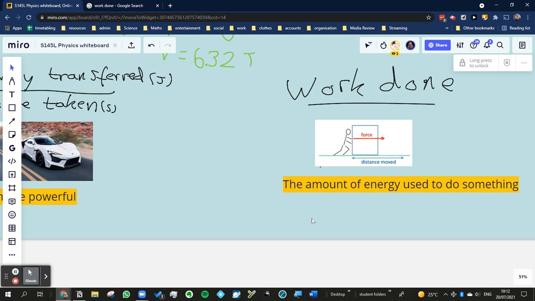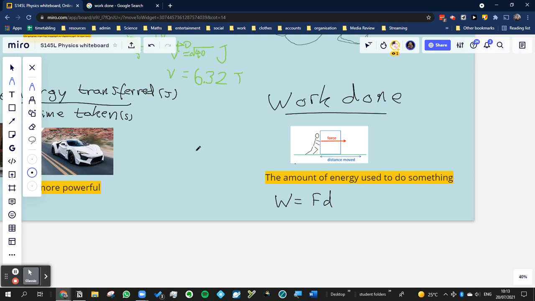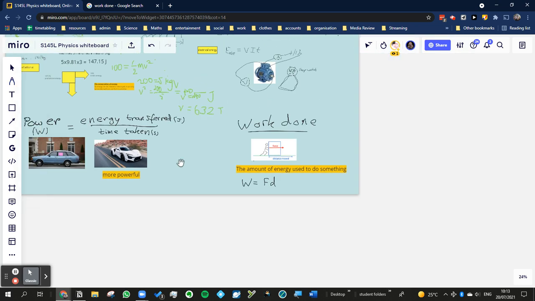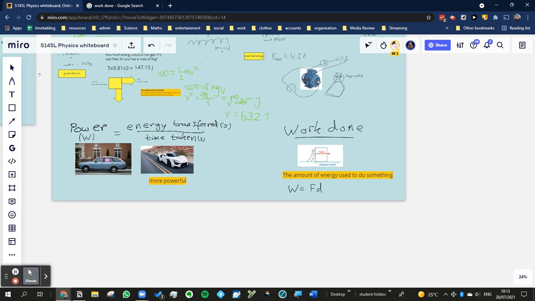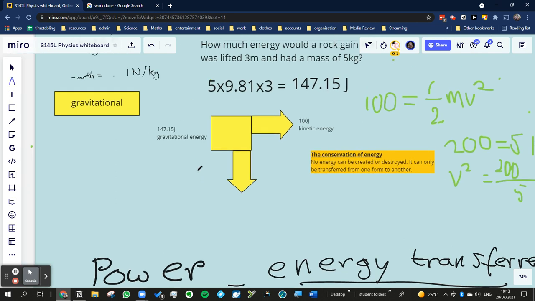And how do I calculate it? Well, the symbol for work is capital W, and that's equal to the force multiplied by the distance traveled. Now those are pretty much all of them. Actually, there would be one more formula, and that's relating to this example up here.